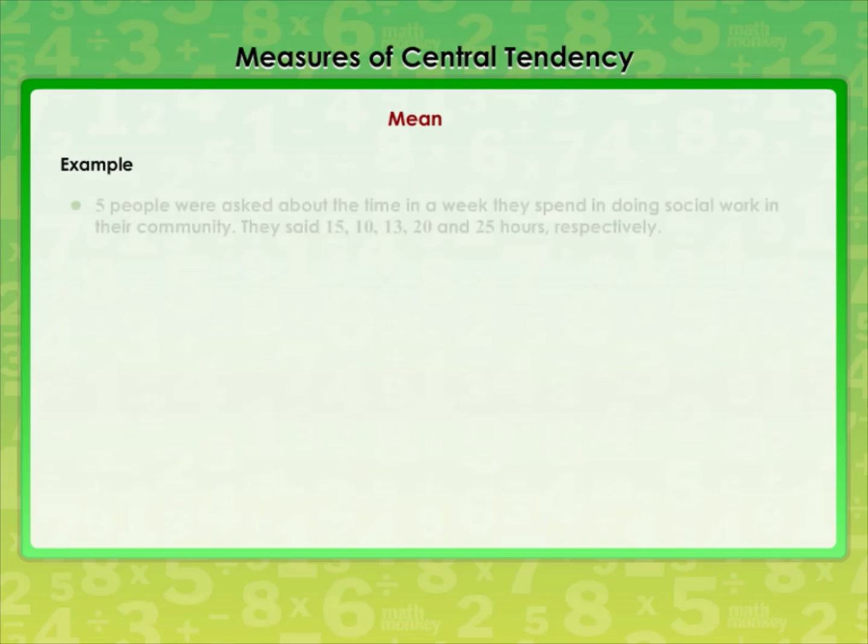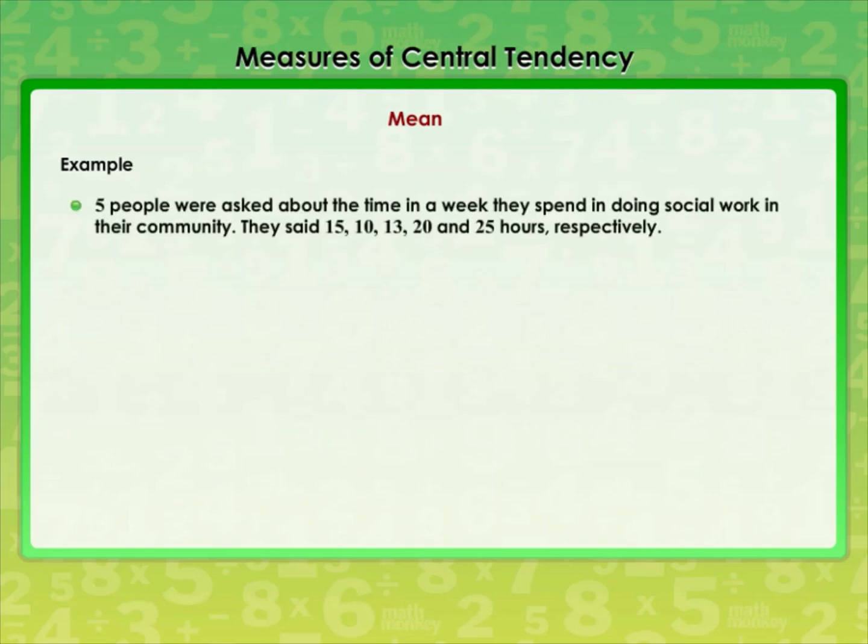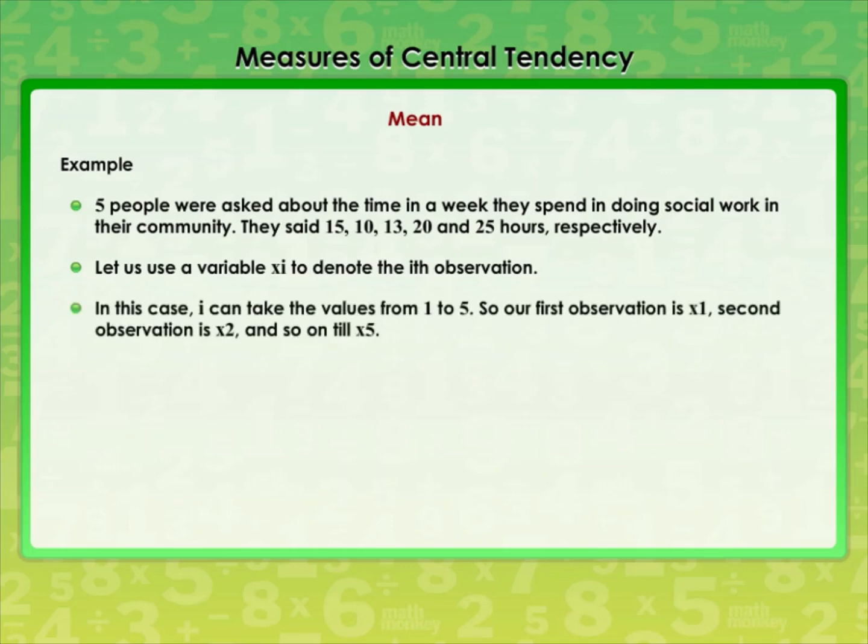Let us consider the following example. 5 people were asked about the time in a week they spend in doing social work in their community. They said 15, 10, 13, 20, and 25 hours respectively. Let's use a variable xi to denote the ith observation. In this case, i can take the values from 1 to 5.